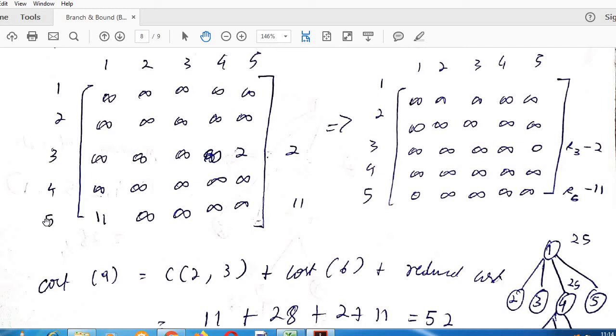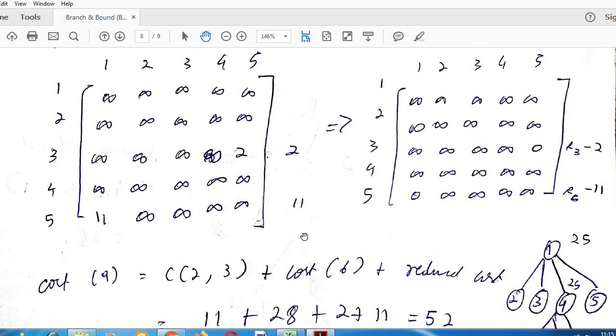Here row 5 has minimum value 11. If I consider the first column also, here also I will get the minimum value 11.